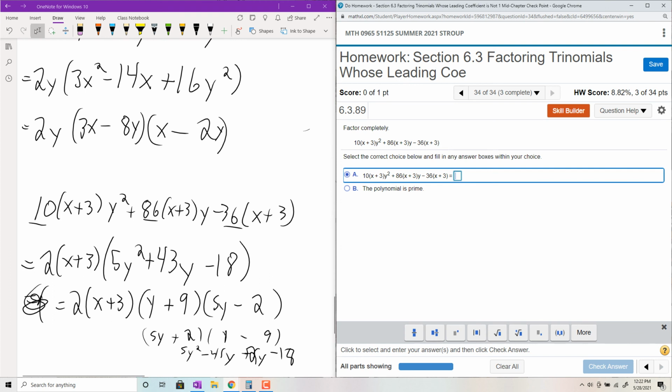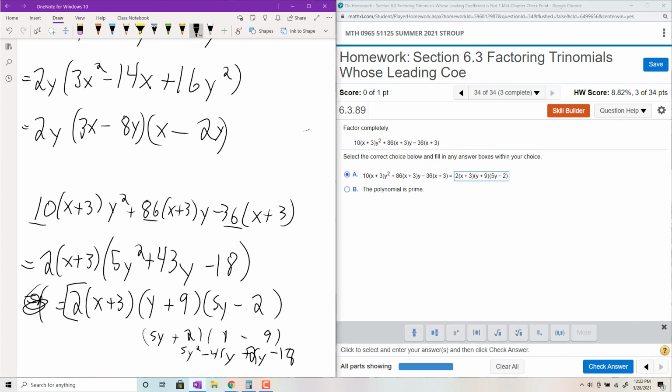Let's see what my math lab says. Don't forget the 2 out in front, so 2 times x plus 3 times y plus 9 times 5y minus 2. Ultimately, you're going to have to break these out on my tests. So the answer on my test, make sure it's identifiable, right?